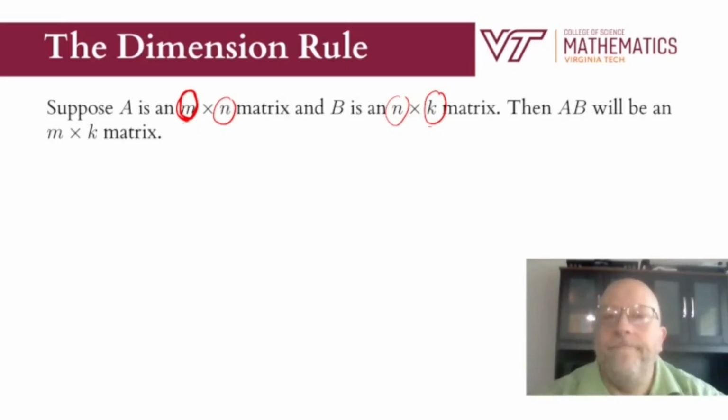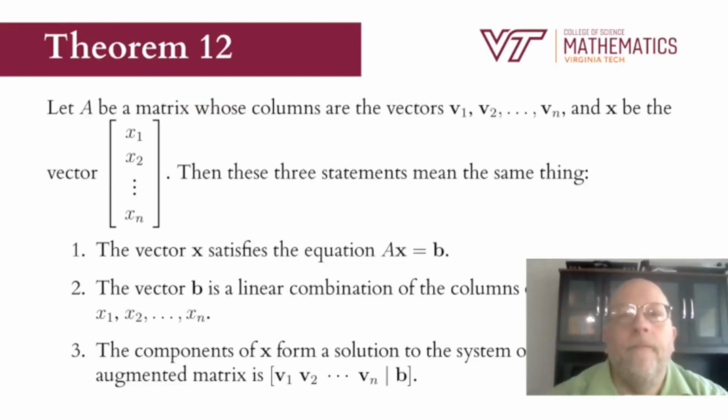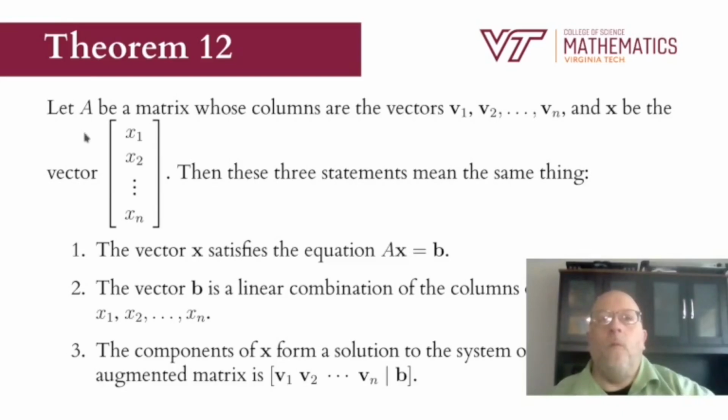All right. Big long theorem. This is theorem 12. Let's let A be some matrix, and the columns are the vectors v1, v2, and vn. These are going to be the vectors that are in A. And then X is going to be this matrix, and these are our weights.